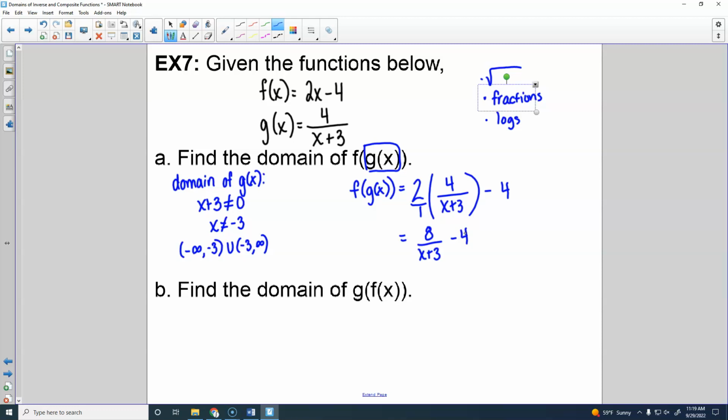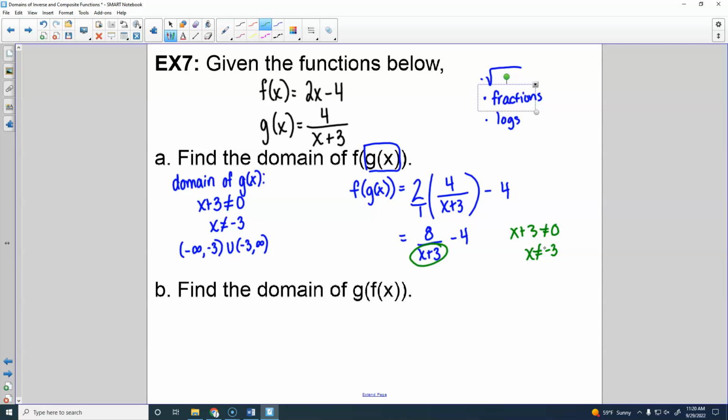Whenever I have this, I can't really simplify it any further. I'm looking for square roots, zeros in the bottom of a fraction, and logs. I don't have square roots or logs, right? The only thing I care about is the bottom of this fraction right here. And I know that it cannot equal 0, so x cannot equal negative 3. That's the same thing we got for our domain of g, right?